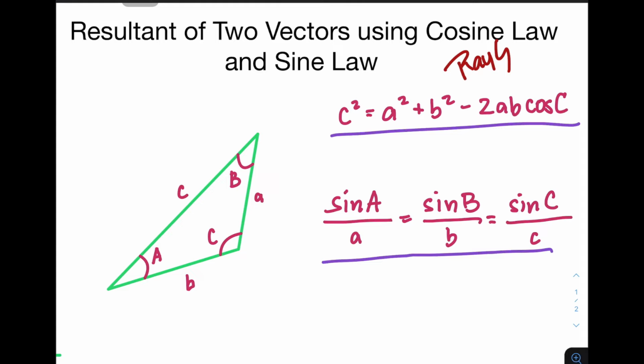Now, as you can see on the screen, we have two formulas, which are the cosine law and the sine law. They show the relationships of the angles and the sides of a particular triangle. This is applicable for problems with resultant vectors wherein there's no exact direction such as north, east, southwest, or along the x or y-axis.